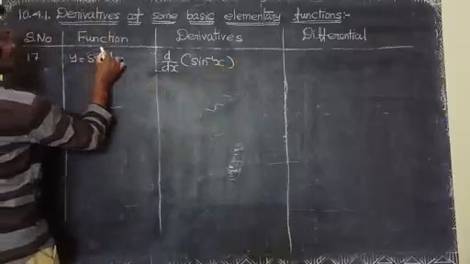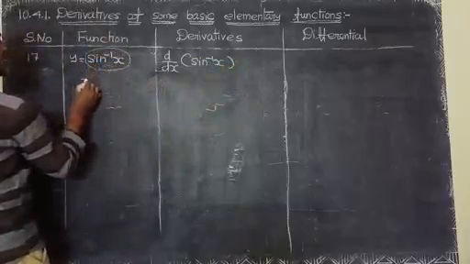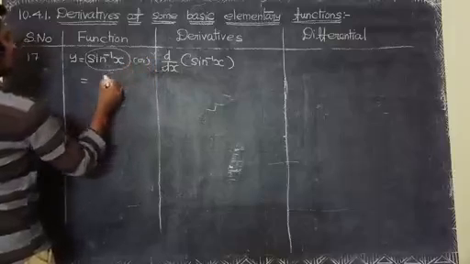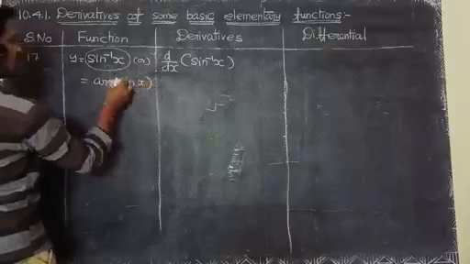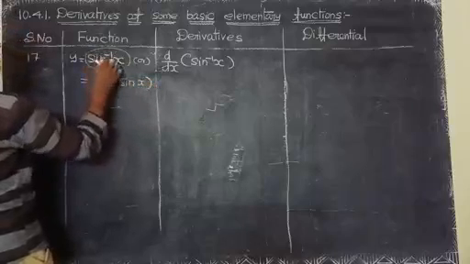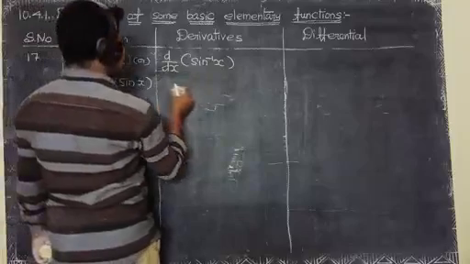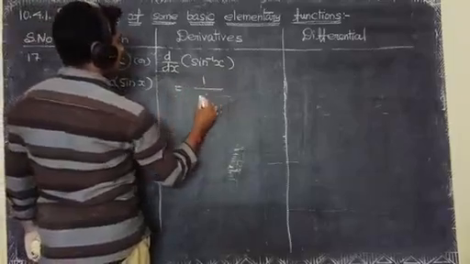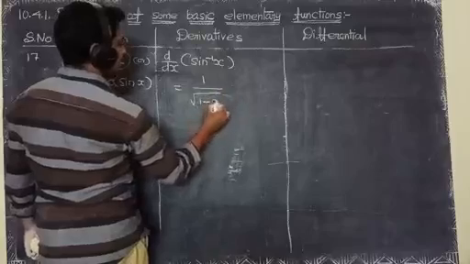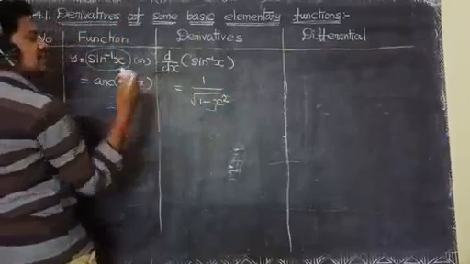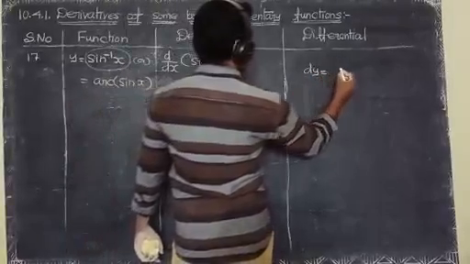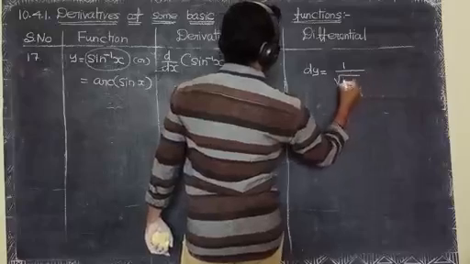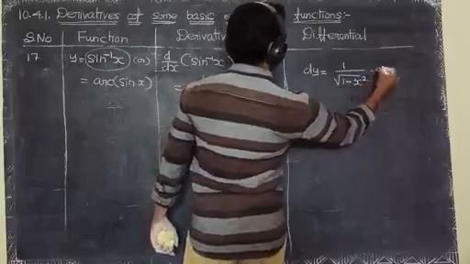Here sin inverse x can be written in another format, that is arc sin x; both are equal. It is equal to 1 divided by square root of 1 minus x square. The differential dy equal to 1 divided by square root of 1 minus x square into dx.